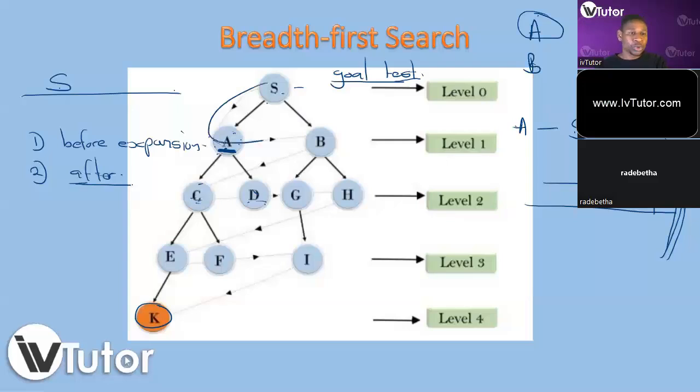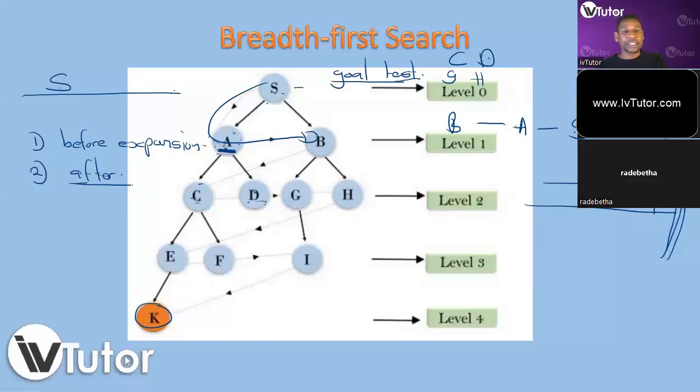Then you go to B. Since A is not a solution, it adds on C and D. But B got into the queue first, so it's going to be expanded next. B is not the solution, but when expanded, it gives us G and H. So in our frontier, we now have C, D, G, and H.